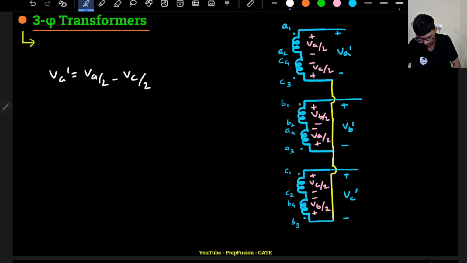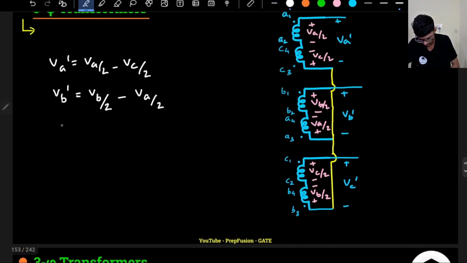Okay, and my Vb dash will be Vb by 2 minus Va by 2. My Vc dash will be Vc by 2 minus Vb by 2. Okay, these are the values here.